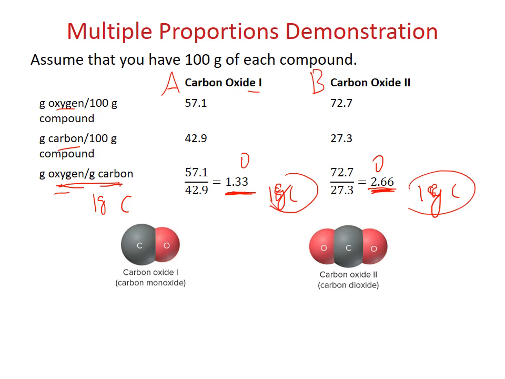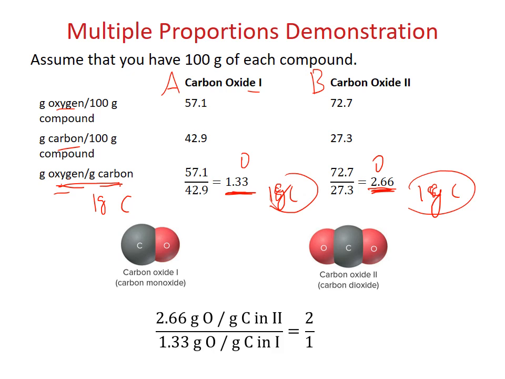So now we can calculate the ratio of oxygen over carbon from B to A. 2.66 divided by 1.33 gives you 2/1.